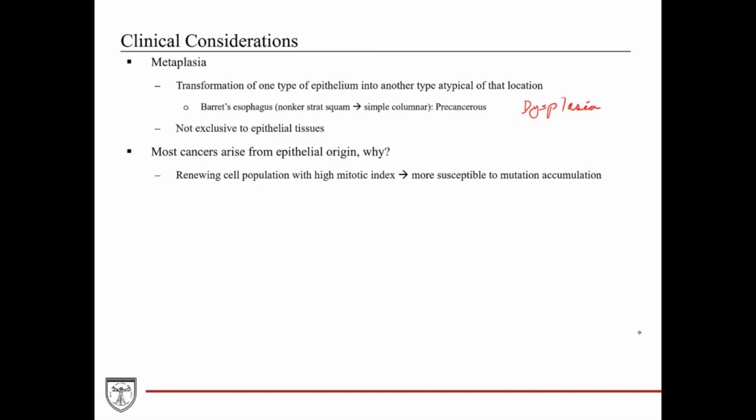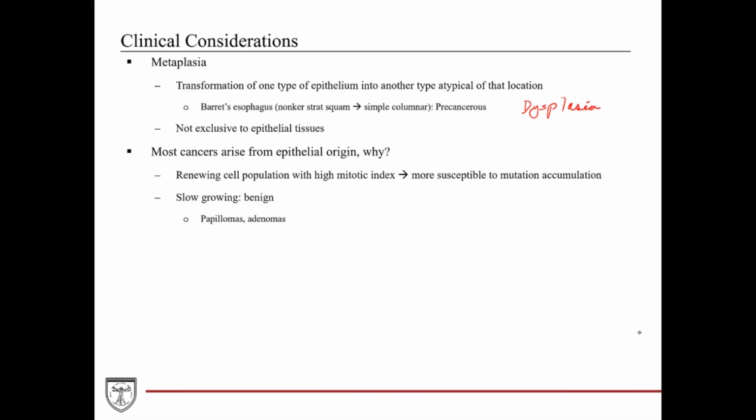So with a high mitotic rate, there's more opportunity to acquire mutations and accumulate them to the point where those mutations are no longer repairable, and then we are developing cancer from there on. The slow-growing or benign form of epithelial-derived tumors are called papillomas if they arise from the covering epithelium, and adenomas if they arise from the glandular epithelium.